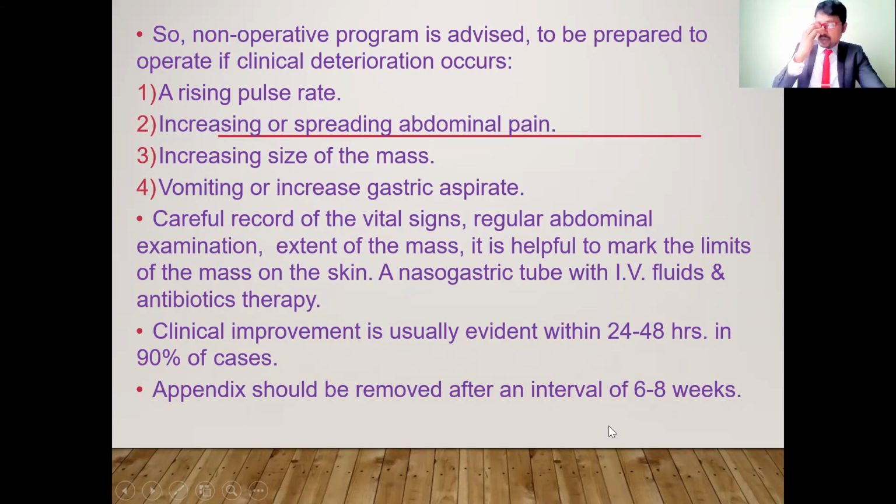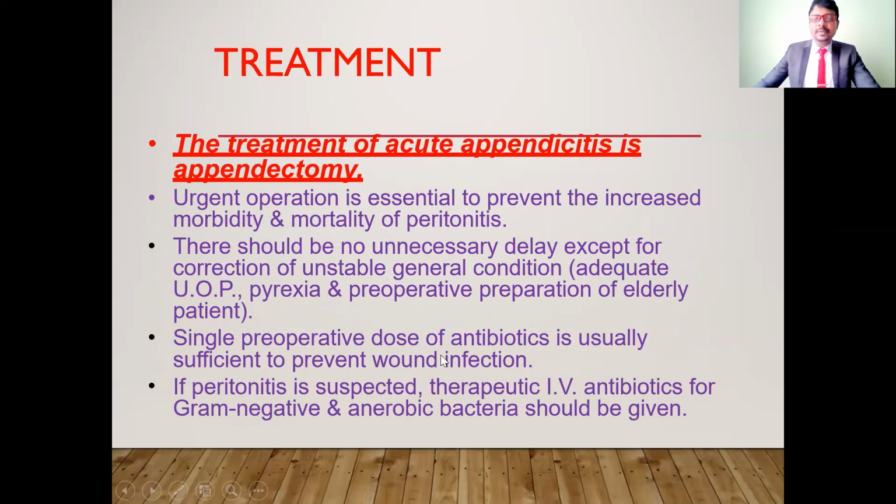If it is controllable and the patient is stabilized, we can give medical management with antibiotics, intravenous fluids and analgesics. If the patient is controlled and we monitor the vital signs, then after 6 to 8 weeks the appendix is removed through surgical procedures.